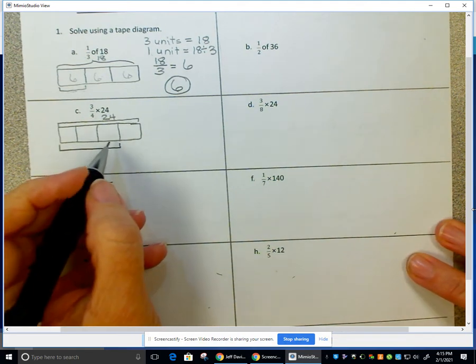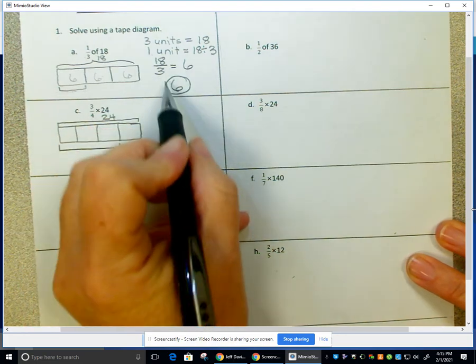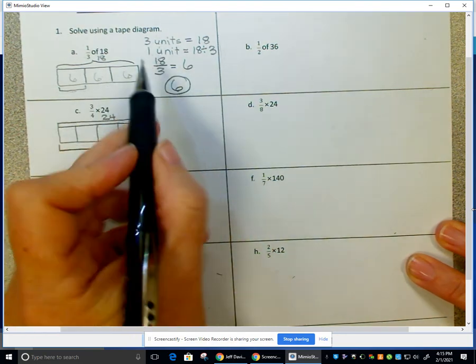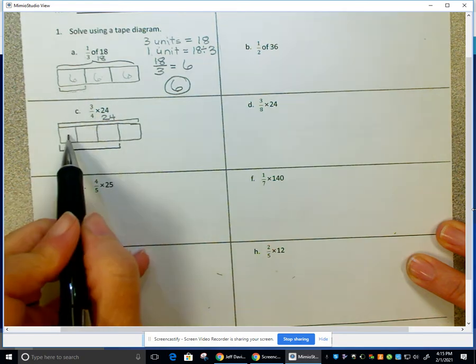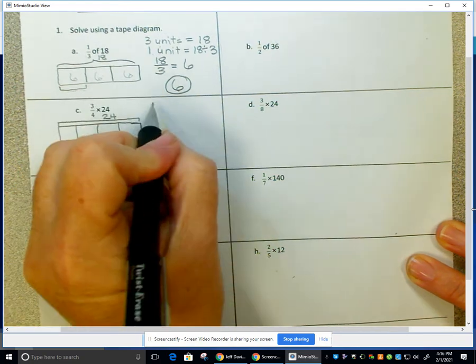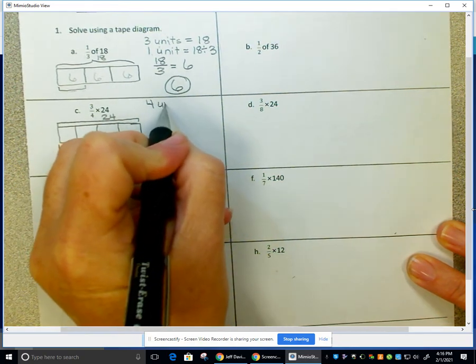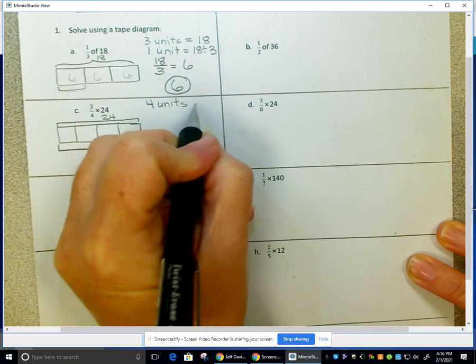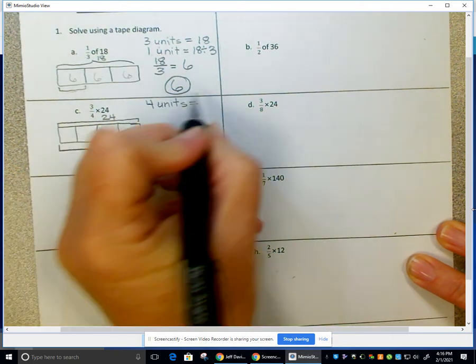So to solve that, I'm going to come over here and let's write what we know. Here we had 3 units, but here we have 4 units. So 4 units equals 24.